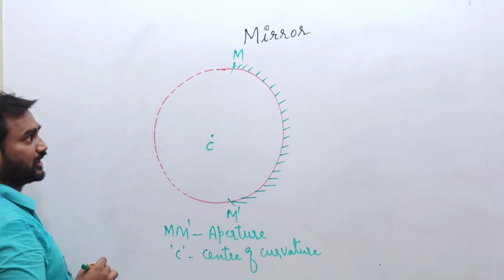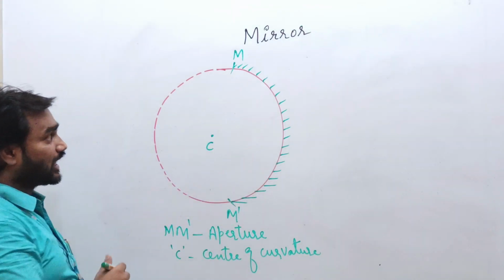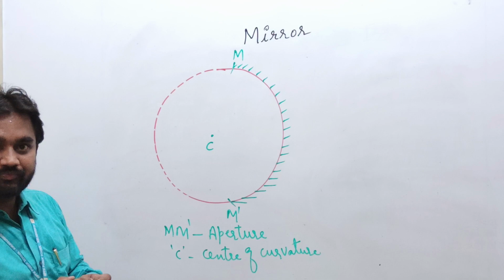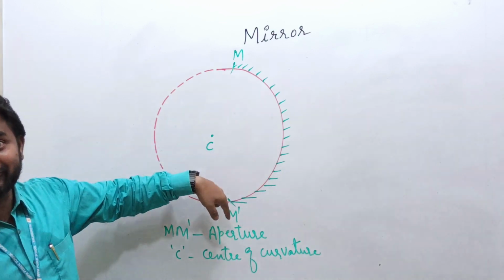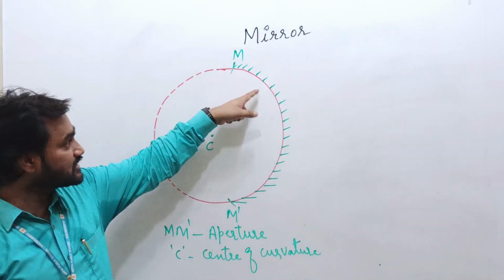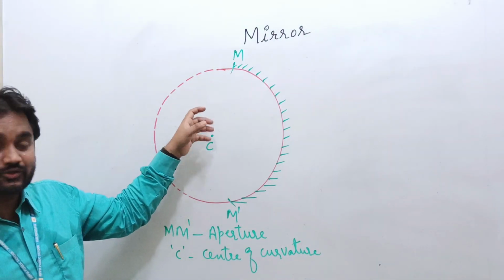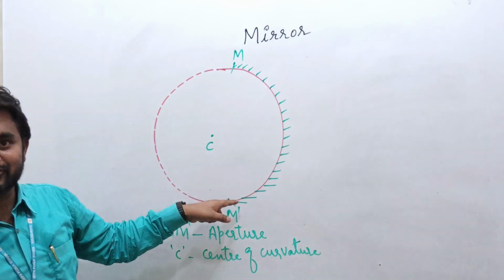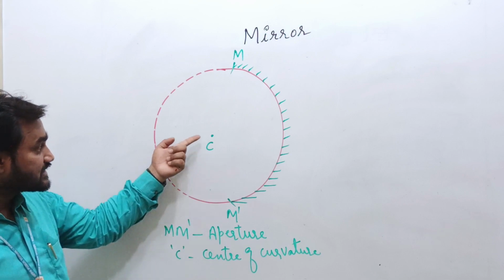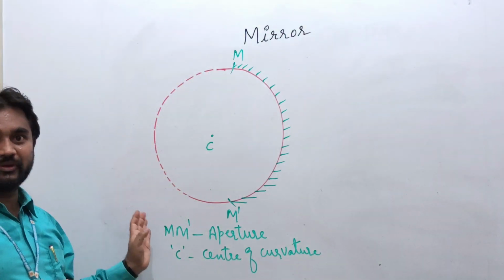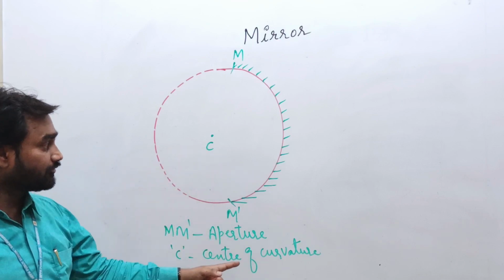So what is aperture? Aperture is the portion of the reflecting surface of a mirror. M M dash is the portion where the light is going to reflect. Is that clear? And C is the center of this sphere, so we call it the center of curvature.